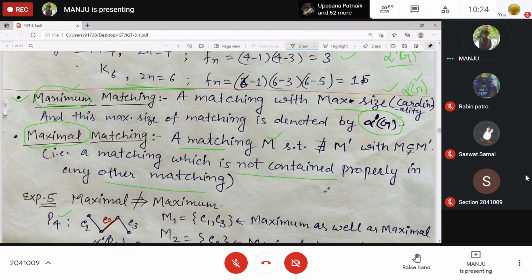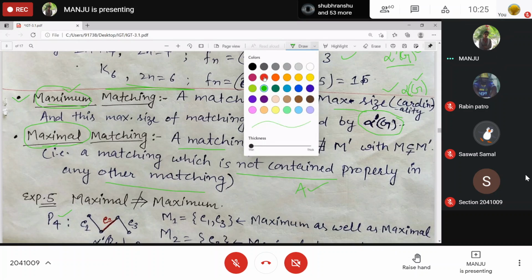Four vertices are there, so the maximum matching will have cardinality 4 by 2, that is two, since two vertices are associated with each edge.